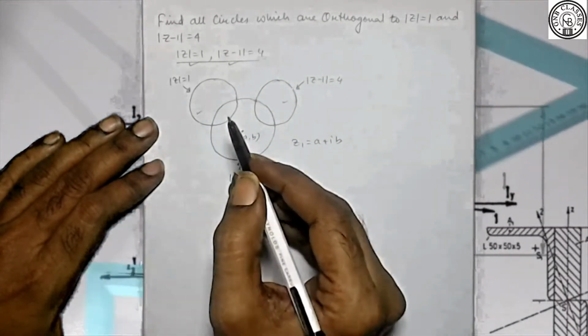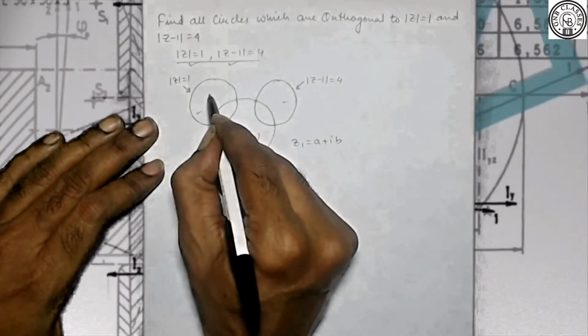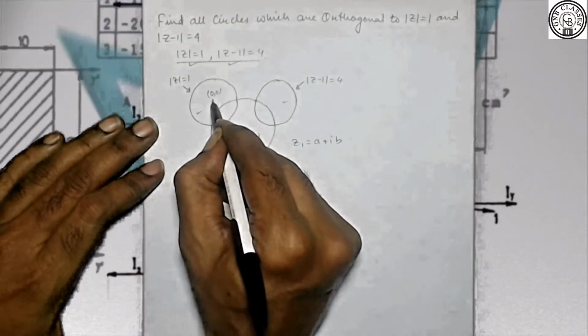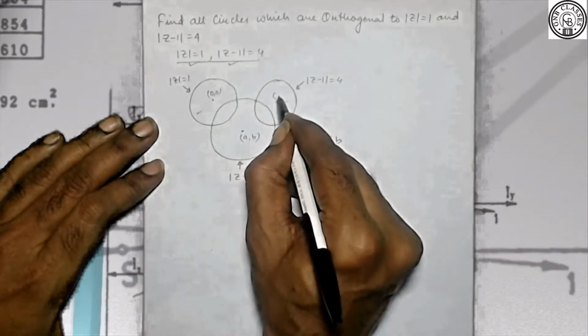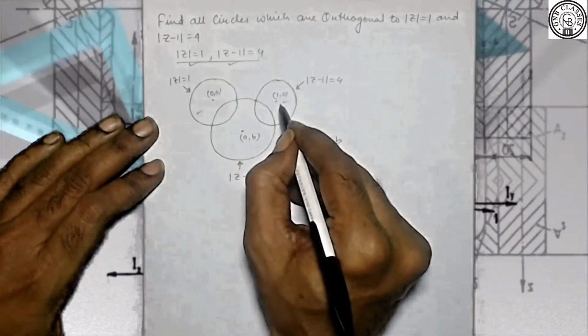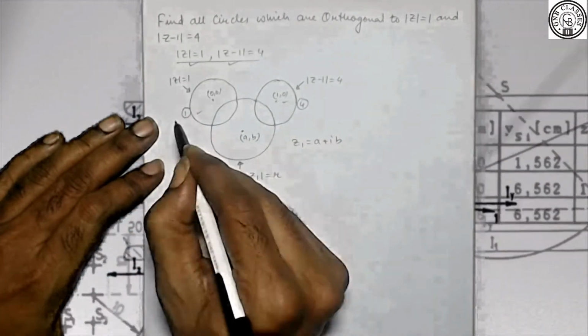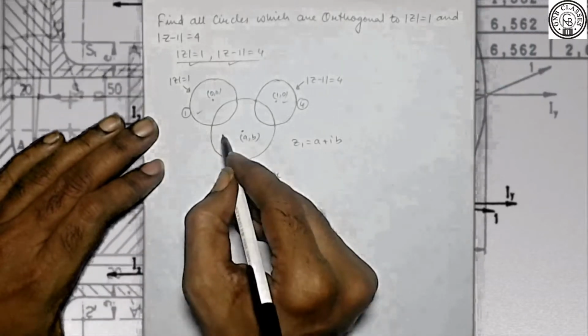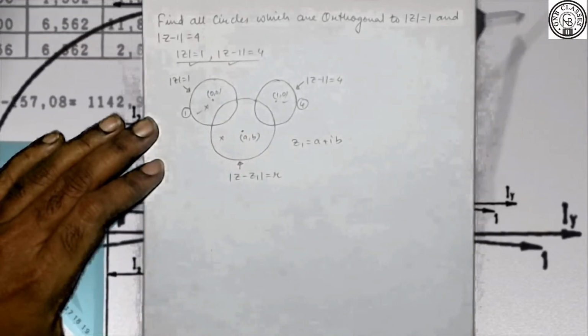Now, one more thing let me tell you, the center is 0, 0 and the radius is 1 for this, and the center for this circle is 1, 0 and the radius is 4 units. This is 4 units, this is 1 unit. Fine. Now, this circle and this circle, they are orthogonal to each other.